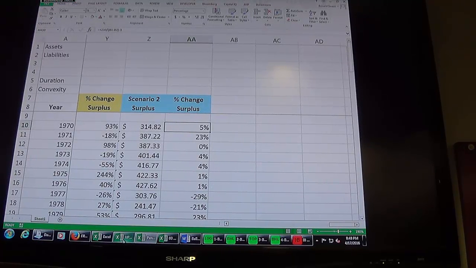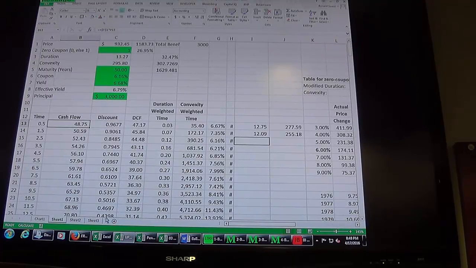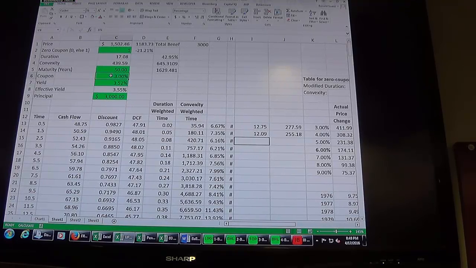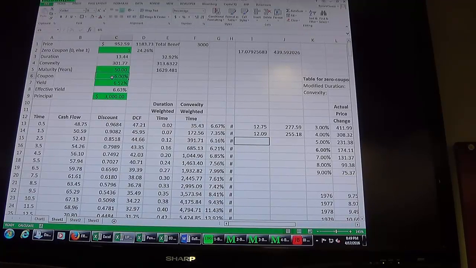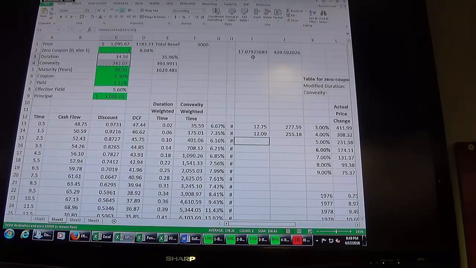So let's see how sensitive it is. Here's your liabilities. You start at 3%. There's your number for 3%. Try 6. Yeah, it's pretty radical at 6. You have to go in 2% increments.